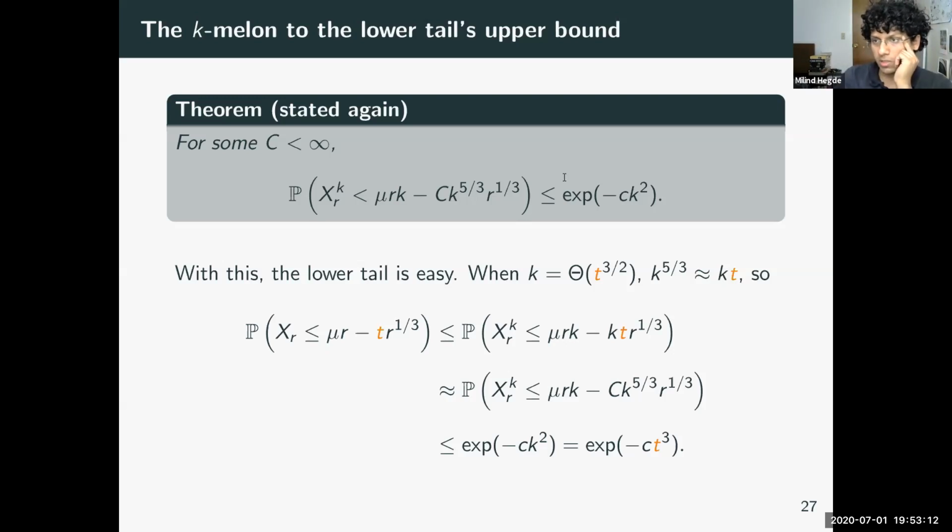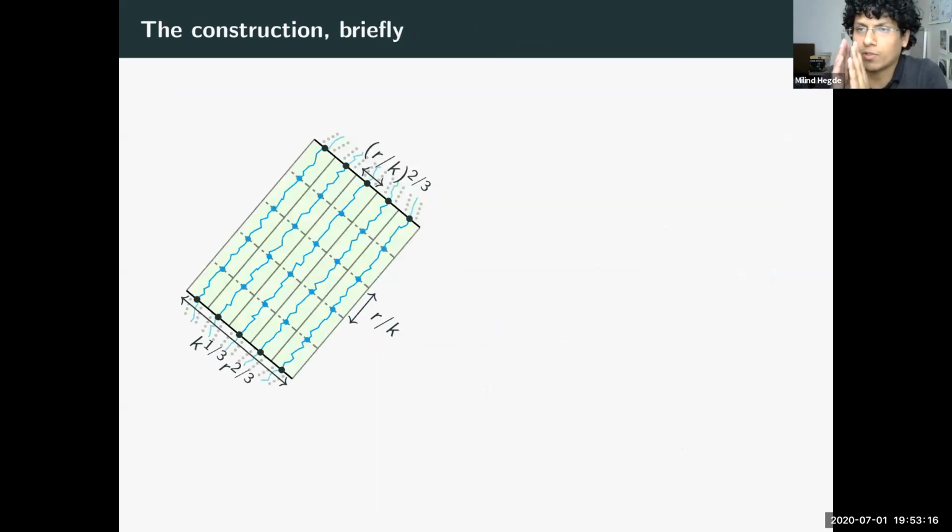And that will give you this upper bound. And the way the construction happens is exactly what I said. You make these things go through these rectangles of height r over k and width r over k to the 2/3. And you just make them go all the way through.